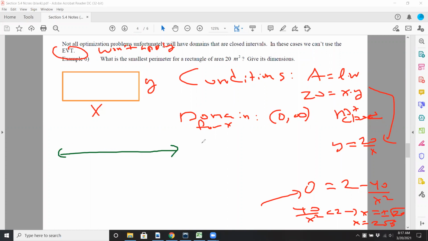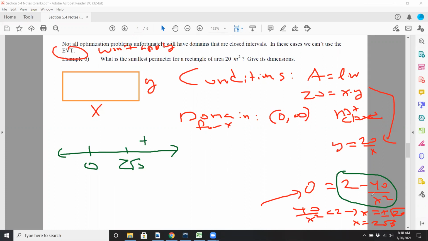If we take our first derivative function, which is this right here, and also 0 is a critical point too, so we'll just look at 0 and 2 root 5. If I plug in anything bigger than 2 root 5, say like 5 or 6, for my derivative, I know it's going to be positive here.